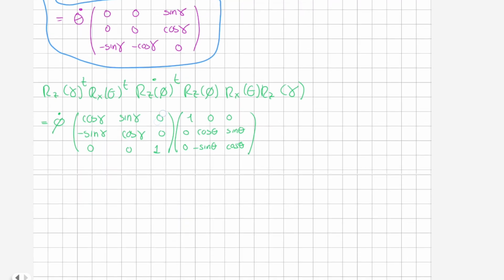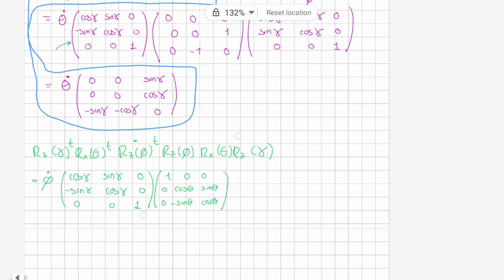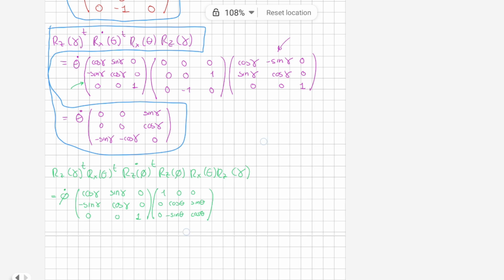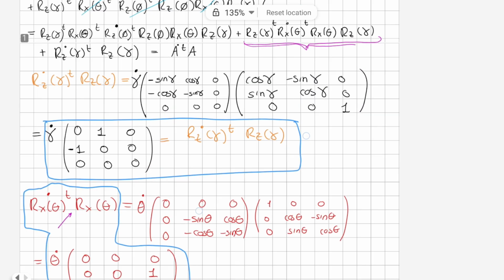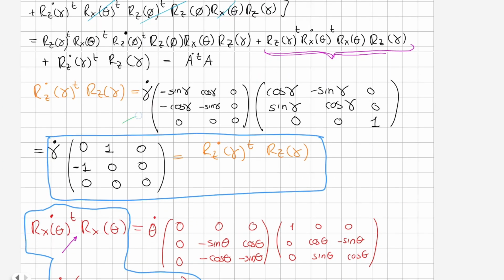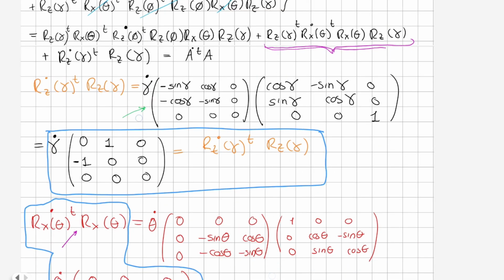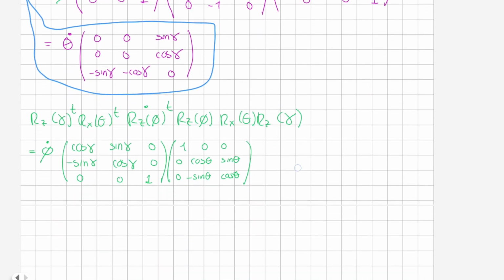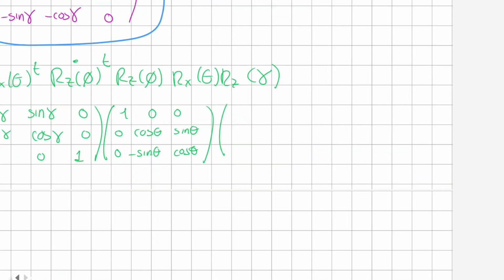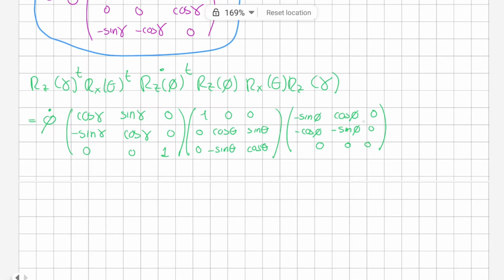Then Rz of phi dot transpose, well, that matrix will be this one, but instead of gamma, we will be using phi. So we will get minus sine phi, cosine phi, 0, minus cosine phi, minus sine phi, 0, 0, 0, 0. Perfect. And remember that this all multiplies a phi dot, but we already put that variable here.